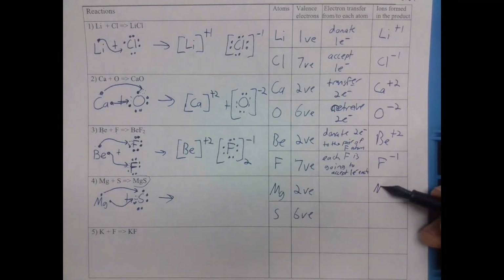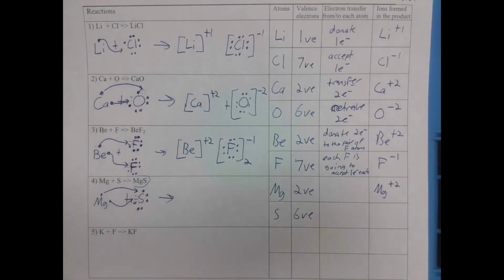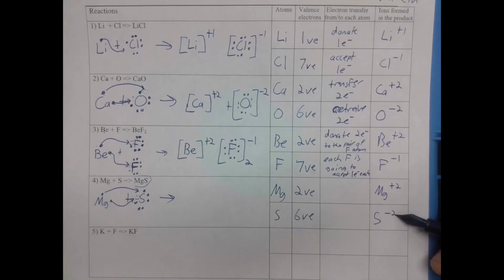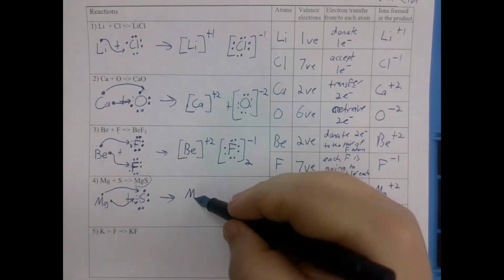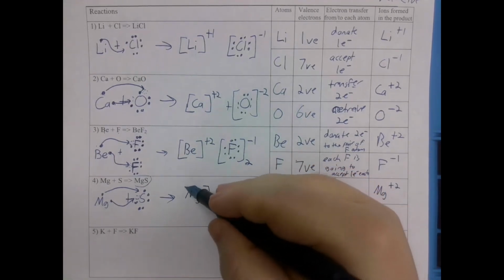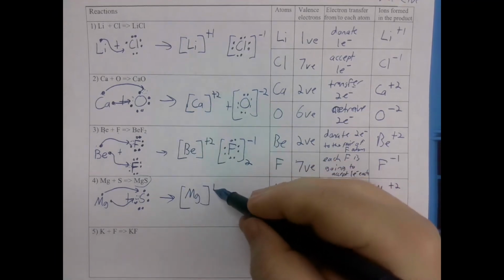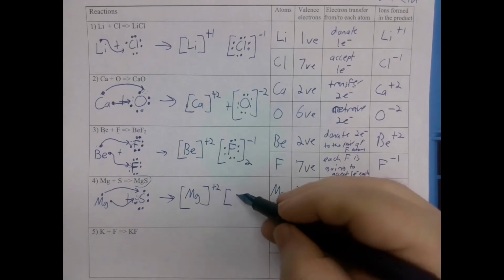This would make magnesium have what charge? +2. It's losing 2 negative electrons. And sulfur is going to have what charge? -2. So this is going to become +2, and this is now going to have 8 dots around it.